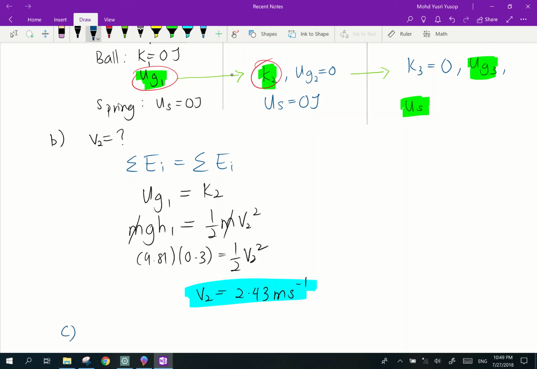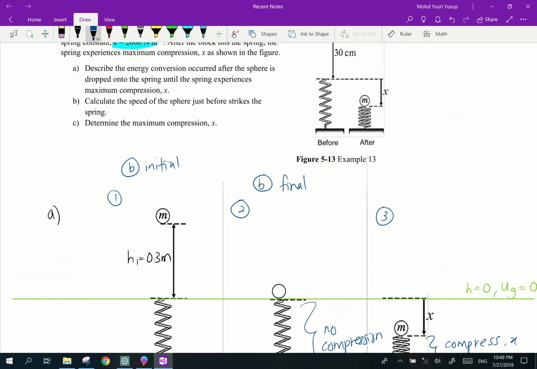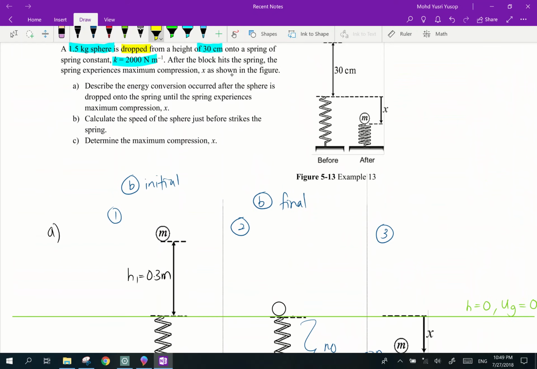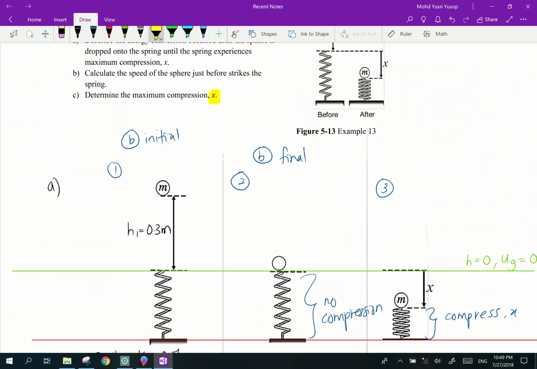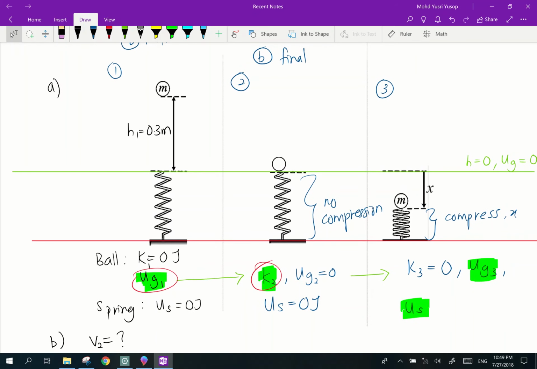Soalan C pula. Determine the maximum compression X. So, to find the value of X, kita kena refer pada diagram yang ketiga. Untuk soalan C, kita boleh pilih dua point sebagai initial point.